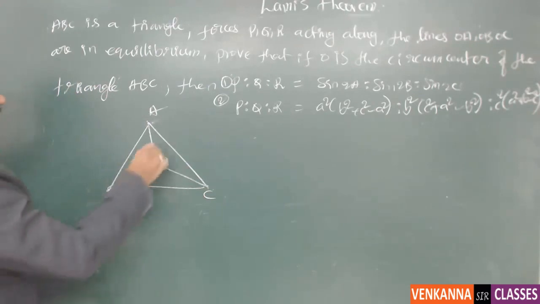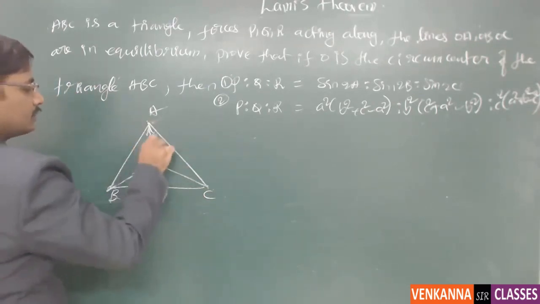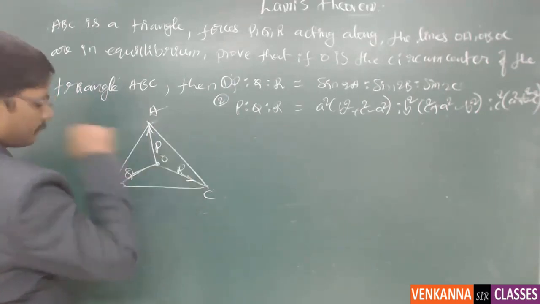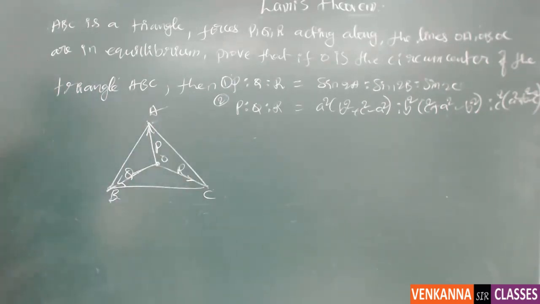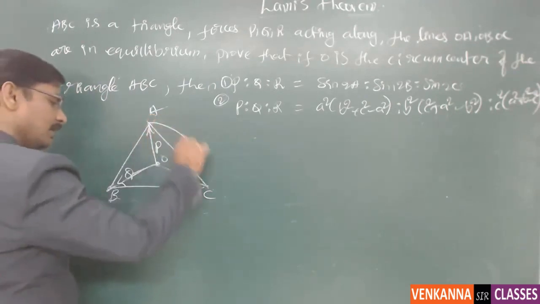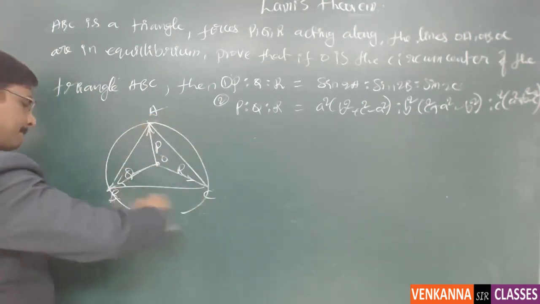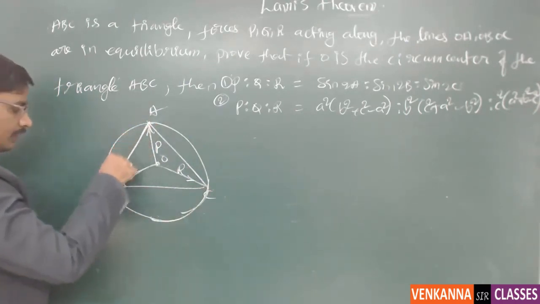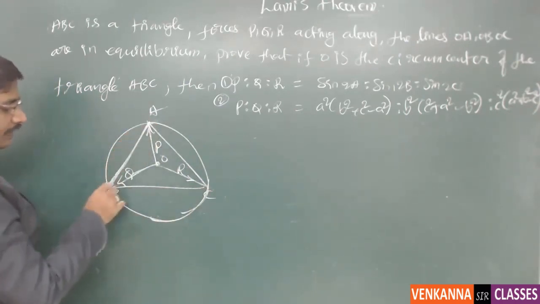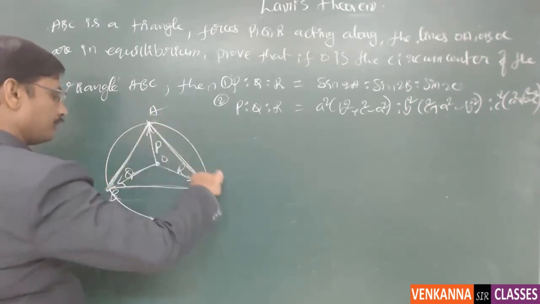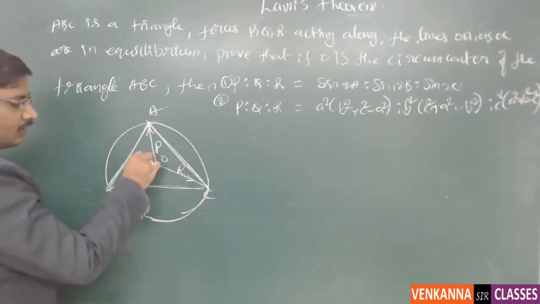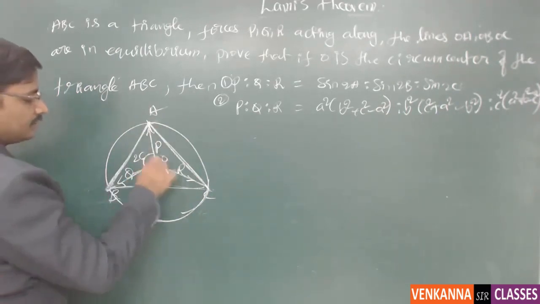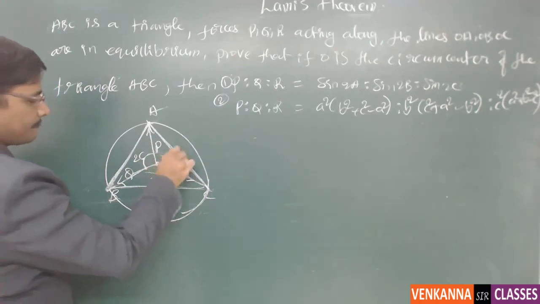So he said that there is a force acting on this, and this is P, and this is Q, and this is R. So the PQR ratio we need to find out. Being the circumcenter, for any circle, we have proved earlier that the angle subtended at the opposite corner gives exactly double the angle here. So this is 2C, and this is 2A, and this is 2B.